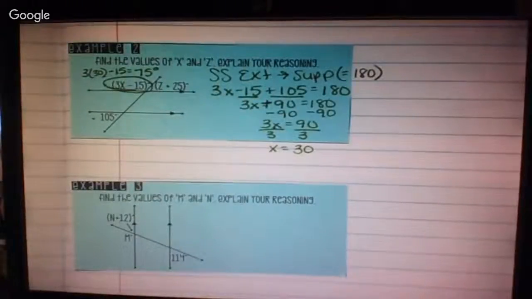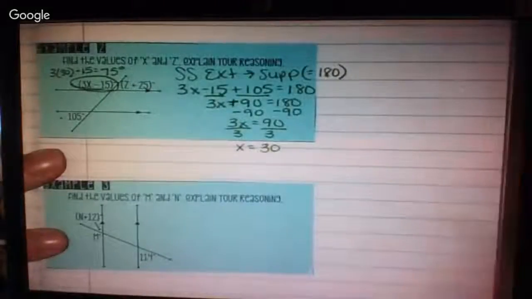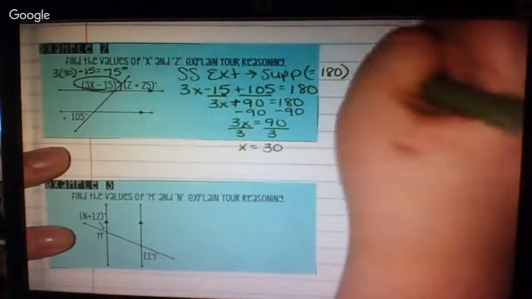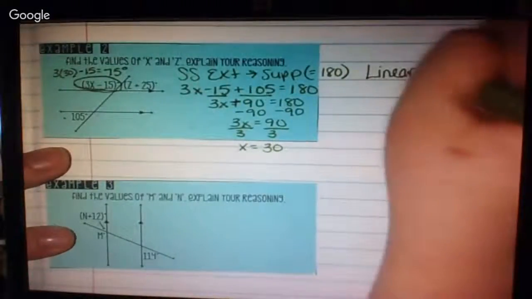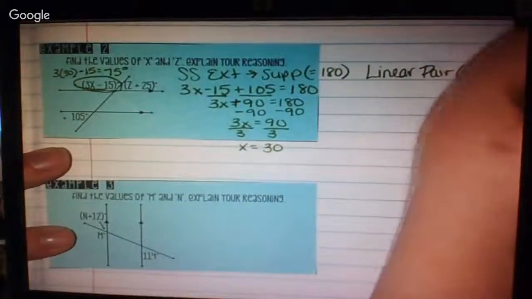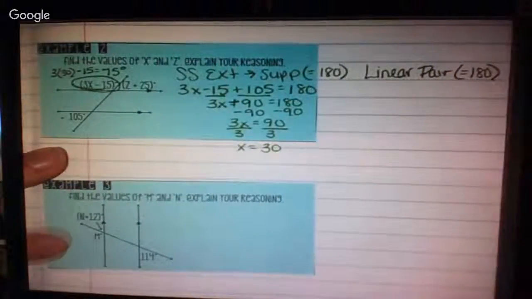Okay, now that I've got 75, what are these two angles that are side by side? What do we call those? They equal 180. They make a line, which makes them a linear pair. So we've got a linear pair now because they make a line, which means that they're equal to 180.